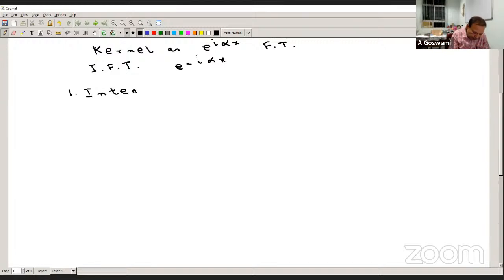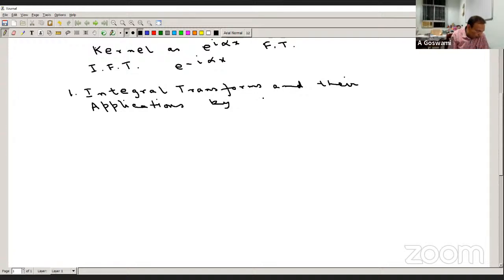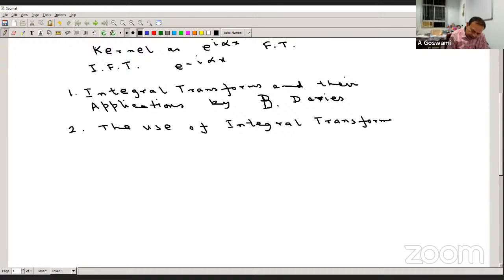One is Integral Transforms and Their Applications by B. Davies. The other book you can use is The Use of Integral Transforms by Ian Sneddon.